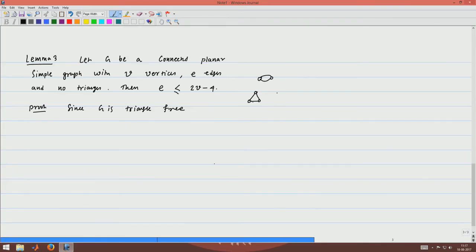So, the minimum face degree has to be 4. Since G is triangle free, this is not there in this graph. So, the minimum face size is 4, or face degree. So, each face has degree greater than or equal to 4.